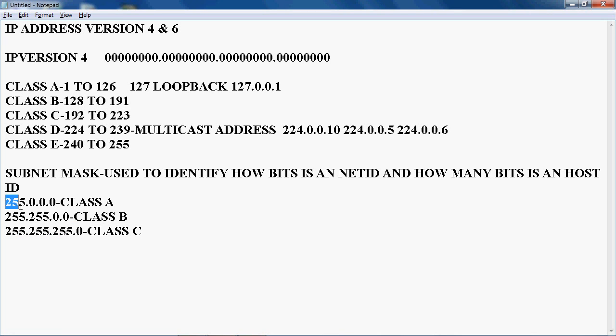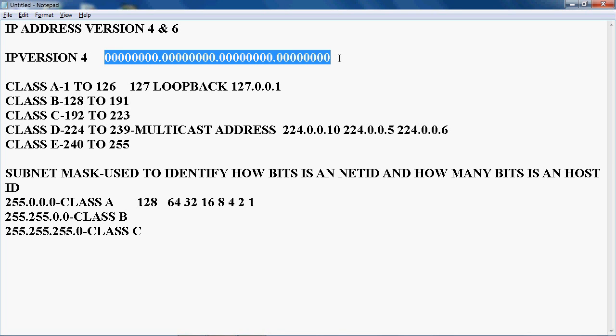So this 255 indicates the first 8 bits: 128, 64, 32, 16, 8, 4, 2, 1. This is the binary format.